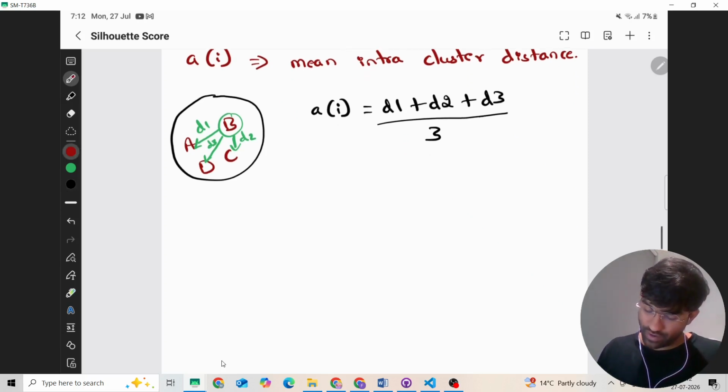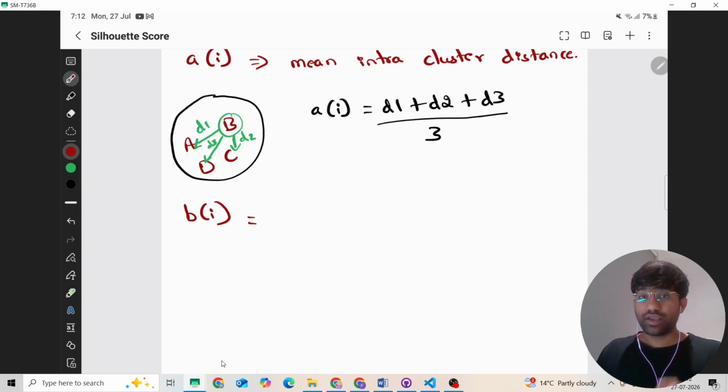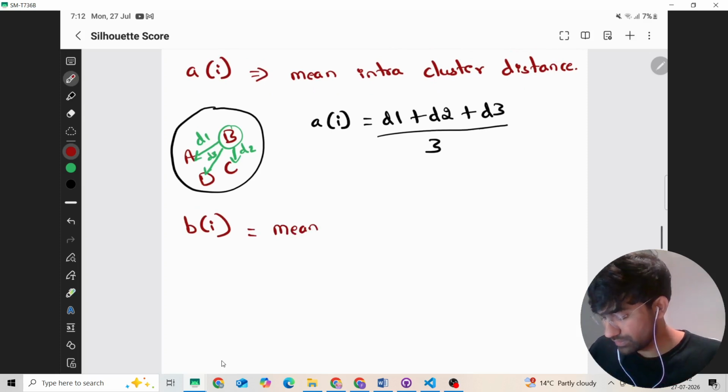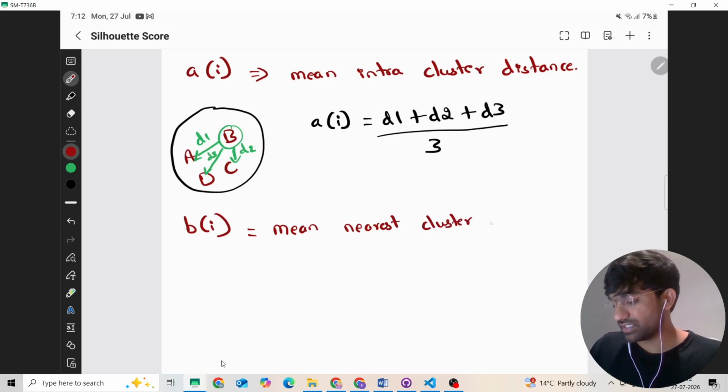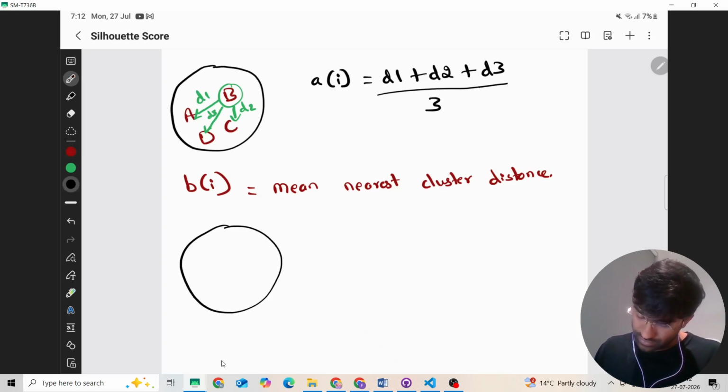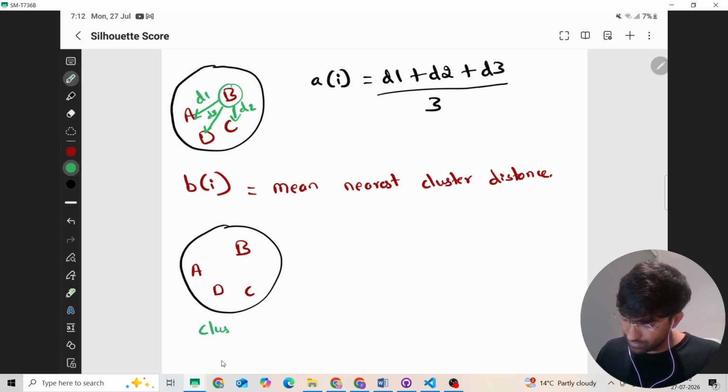And what is B of i then? B of i is the mean nearest cluster distance. So we have this cluster now. Let's draw the diagram. We have this cluster with points A, B, C, from which we have calculated A of i. This is our cluster 1.